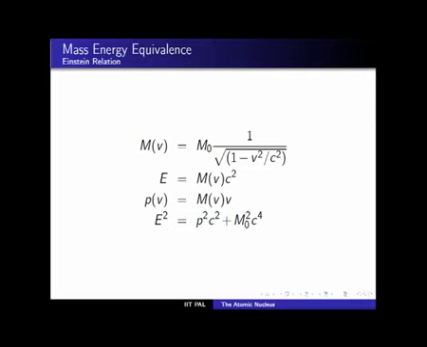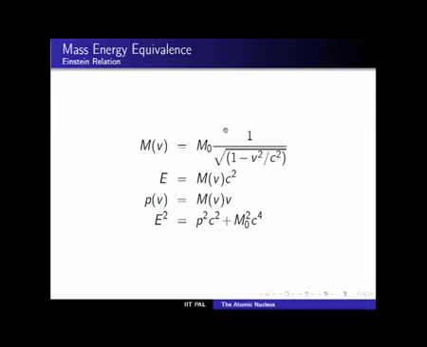So, when you make your inertia a function of velocity, the new definition of m at any velocity will be given by m naught into 1 over root of 1 minus v squared by c squared. So, there is an additional factor 1 over root of 1 minus v squared by c squared.